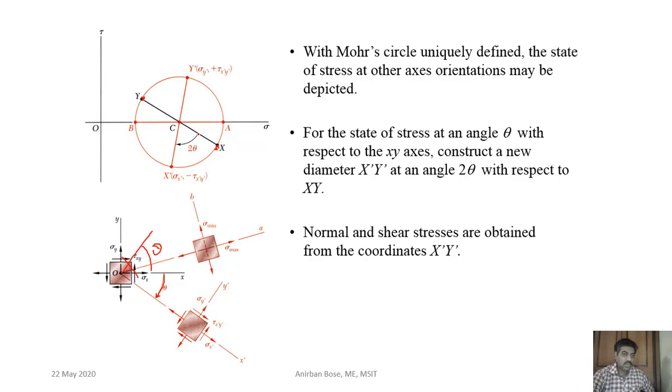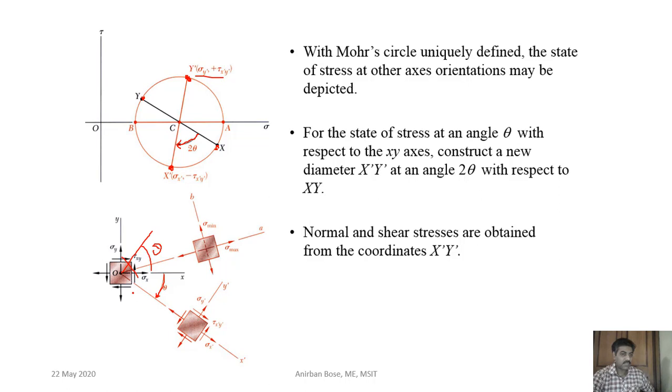So what you have to do, you have to move 2 theta in the clockwise direction. Then you will get this point, and opposite to it on the diameter you will get this point. So from the abscissa and ordinate of this point, you will get the normal and shear component.